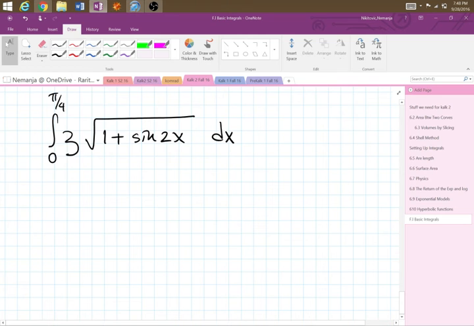Two sine 2x is equal to 2 sine x cosine x. So if we rewrite that using u as 1 plus sine of 2x, du becomes 2 cosine 2x.